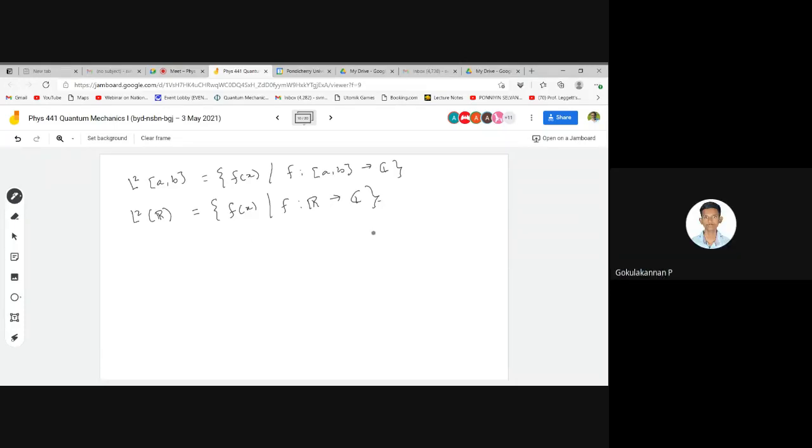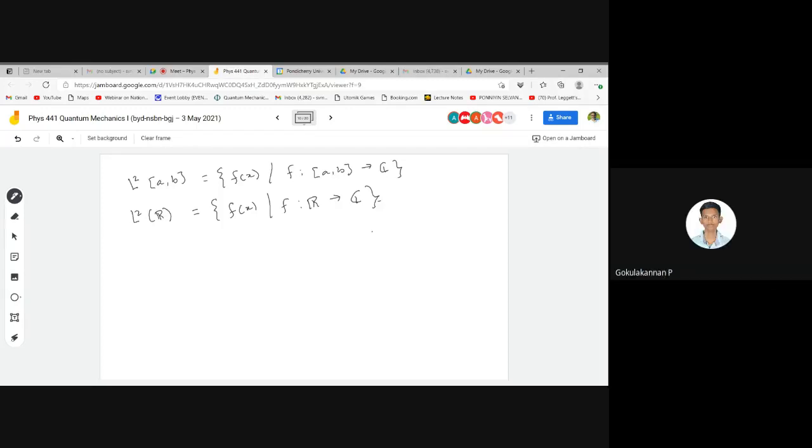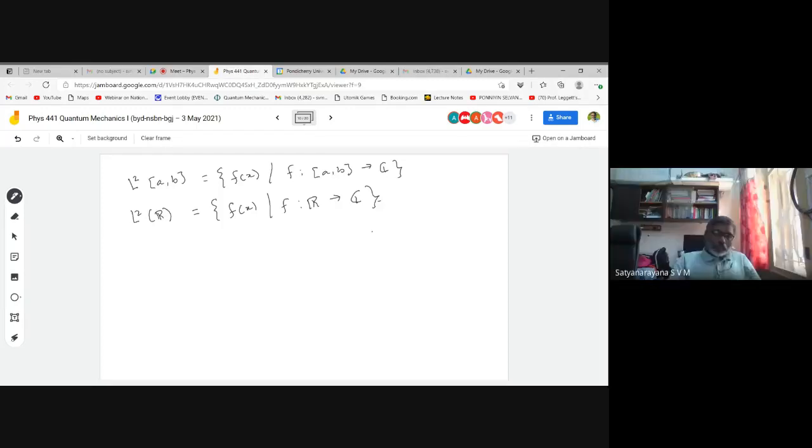So L square AB is having a limit; the domain is AB. That is, your function is defined from interval AB to C. Okay. Here the scalars are complex numbers, sir. Correct.